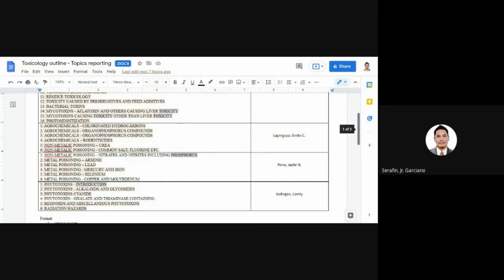As I discussed a week or 2 weeks earlier, we have two long exams, the midterm and the finals. So the reporting will be equivalent to your third long exam, so 100 points.